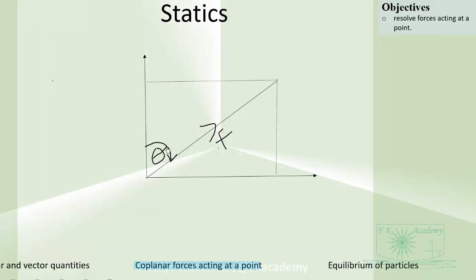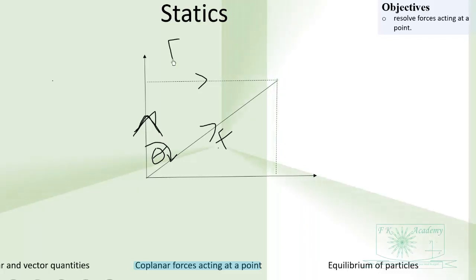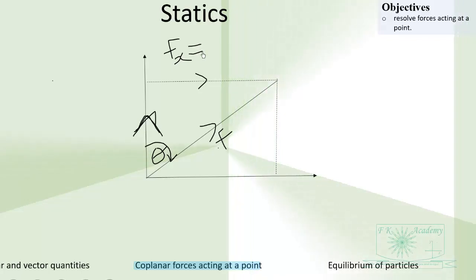Then we have a horizontal component of the force F, and we also have a vertical component of the force F. Now, this horizontal component of the force, let's call it F sub x. It will be equal to the magnitude of the force times sine theta.